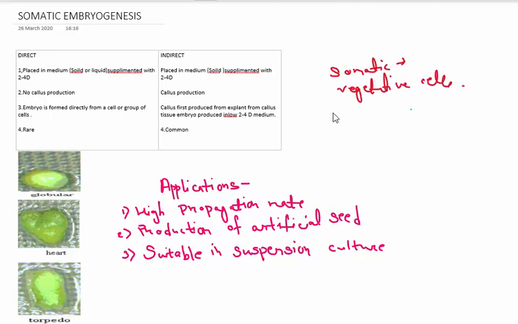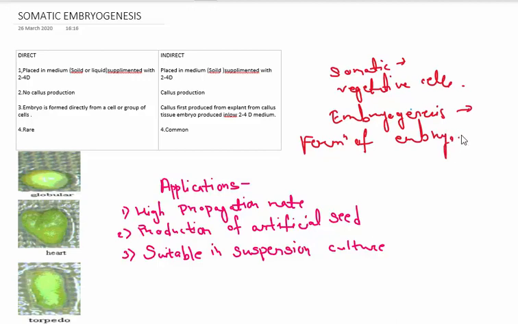Okay. And what is the meaning of embryogenesis? Embryogenesis is the formation of embryo. Okay. So, somatic embryogenesis is the formation of the embryo from the vegetative parts. Right?